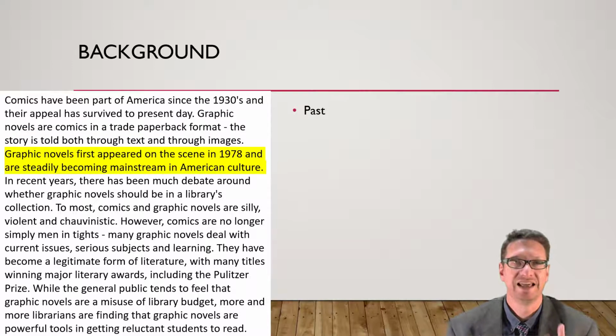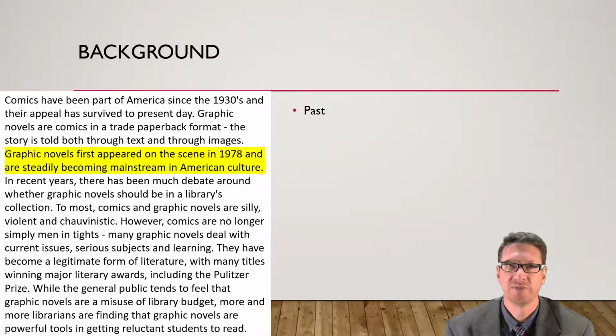We then get into the history. Comics started in the 1930s, graphic novels appeared in the 70s. We're starting to get a sense of the flow, that they're becoming part of culture, that this paper is going to be about the way that it's becoming part of the culture. So you're talking about the past and you're providing signposts to what the paper is going to be about.